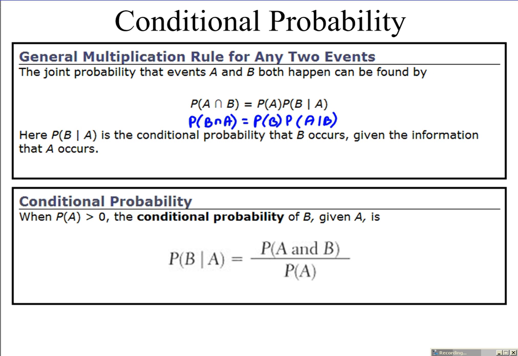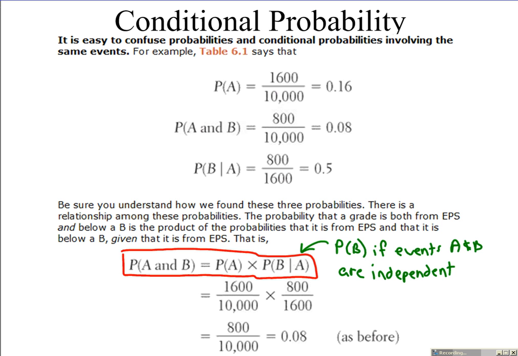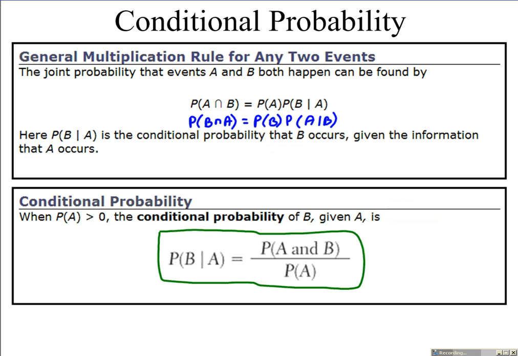When the probability of A is greater than 0, the conditional probability of B given A is given by this formula right here. Notice that it is the same formula that we had previously, only now we've solved for the conditional portion of the probability.